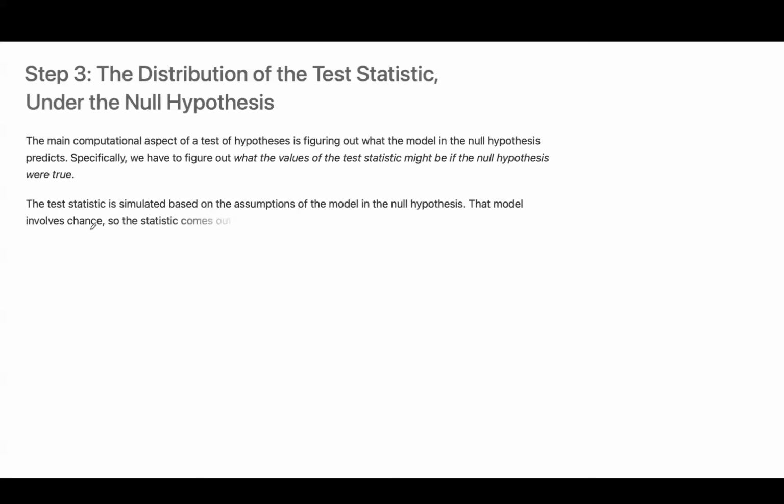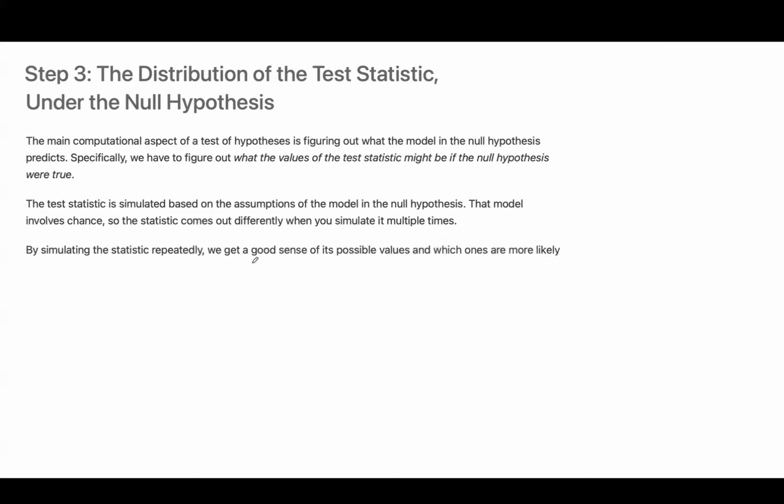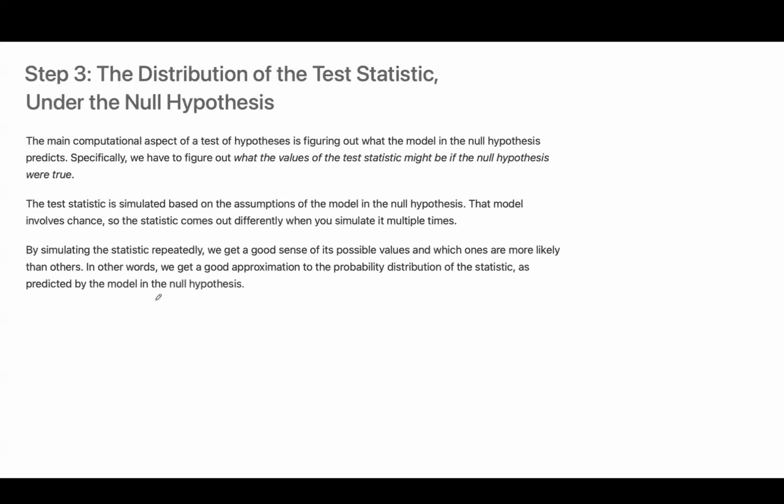The model involves chance, so the statistic comes out differently when you simulate it multiple times. By simulating the statistic repeatedly, we can get a good sense of its possible values and which ones are more likely than others. In other words, we get a good approximation to the probability distribution of the statistic as predicted by the model in the null hypothesis.